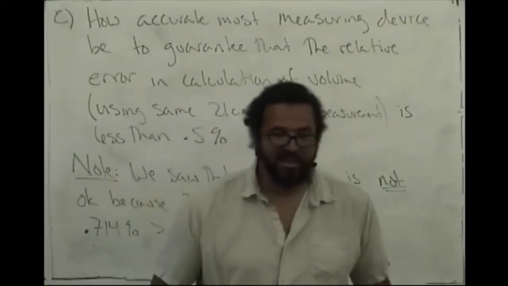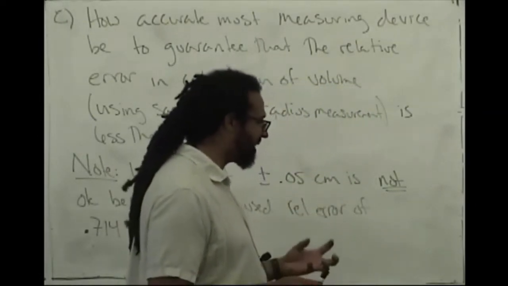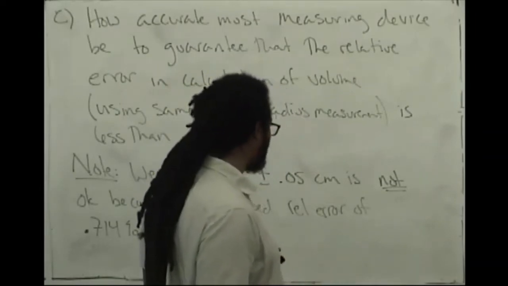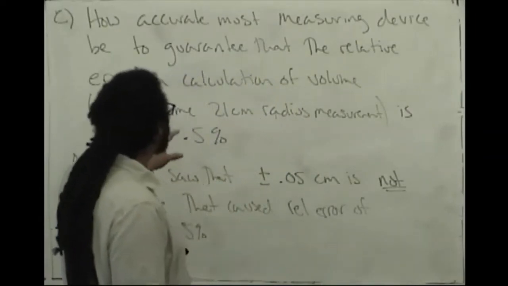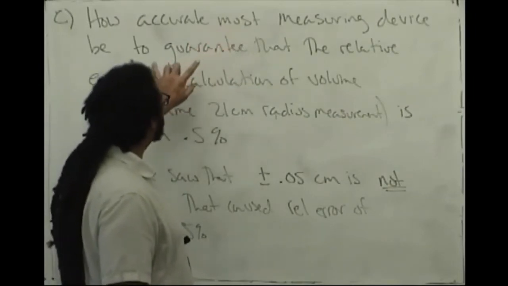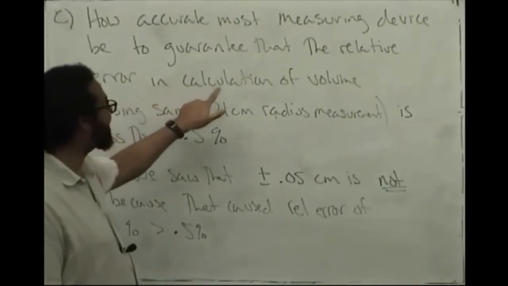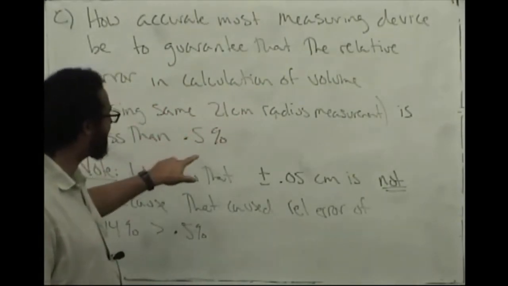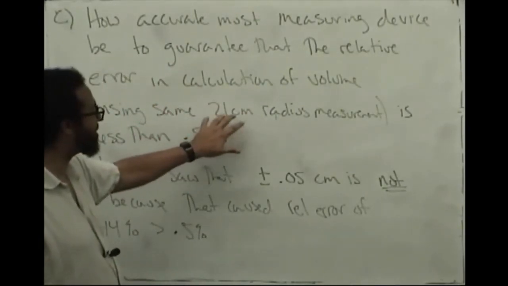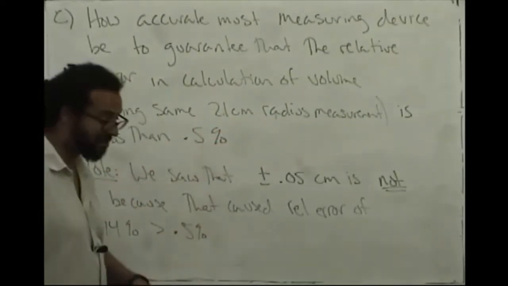This ball bearing of radius 21 centimeters, let's say that's the target radius. So let's say we know what that thing is. So now the question is, how accurate must the measuring device be to guarantee that the relative error in the calculation of the volume, using the same 21 centimeter radius measurement, is less than 0.5%?